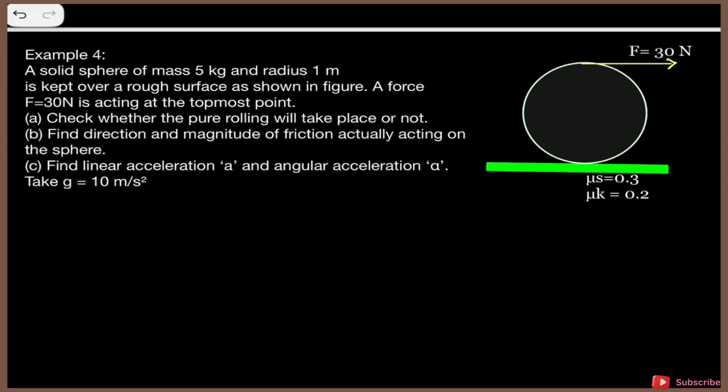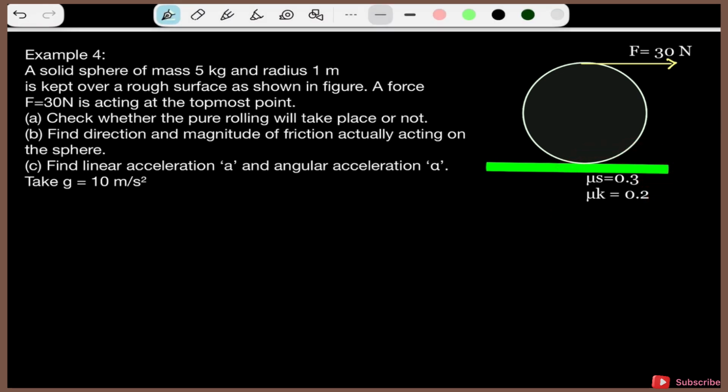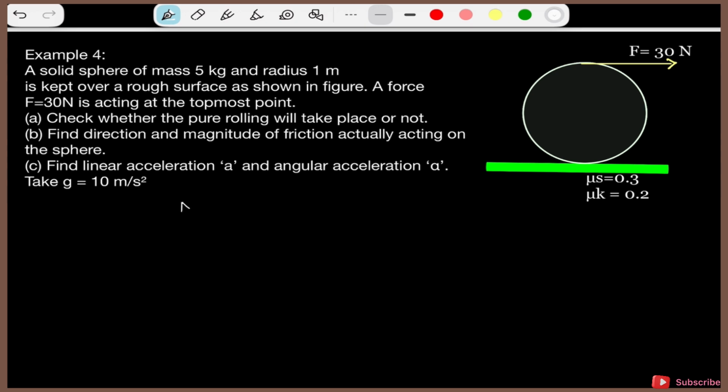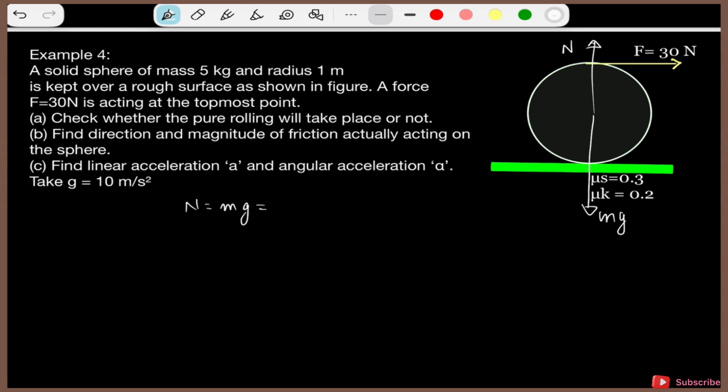So we now have two coefficients of friction, one belonging to static friction, one to kinetic friction. So let's find out the maximum values available for static and kinetic friction. So we know N is equal to mg in this situation, right? So mg is acting in the downward direction, the normal reaction is acting in the upward direction, like this. The mass is 5 kg and let's say g is equal to 10, so it is 50 Newton.